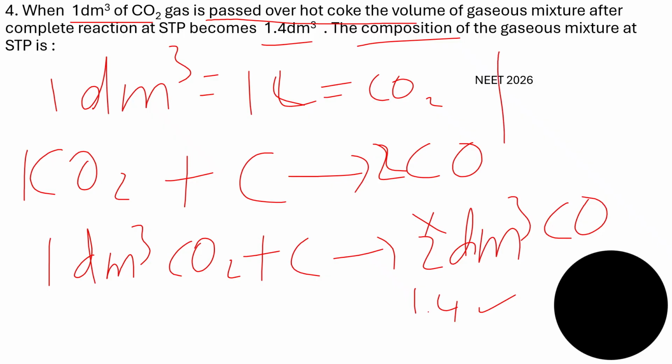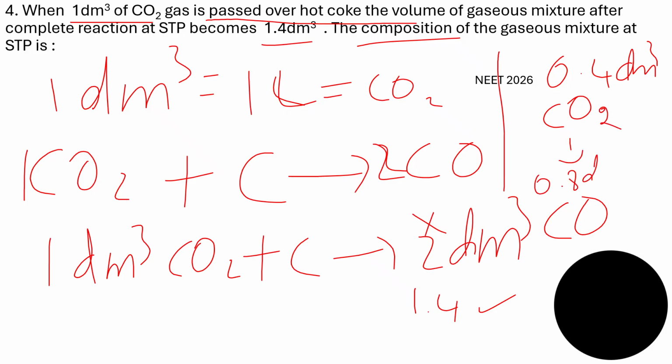Simply think: 0.4 decimeter cube of carbon dioxide reacts to give 0.8 decimeter cube of carbon monoxide. This is acceptable because it is doubled.